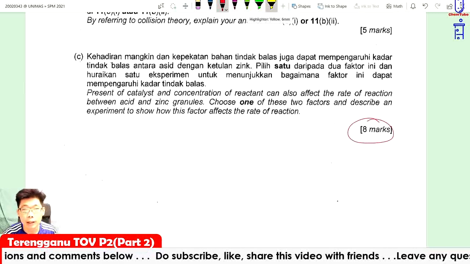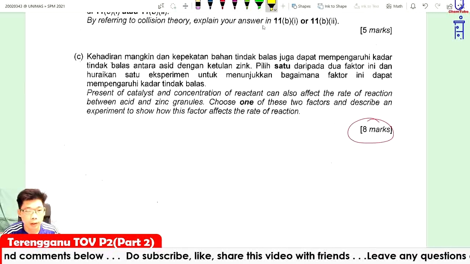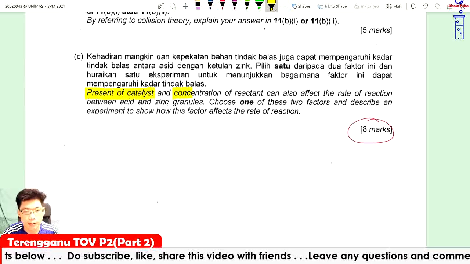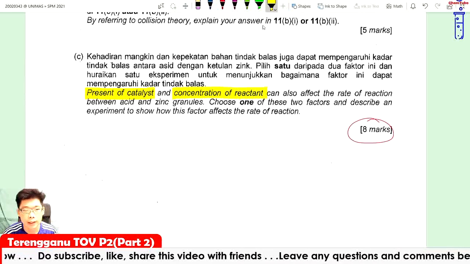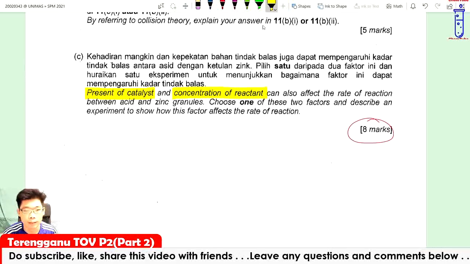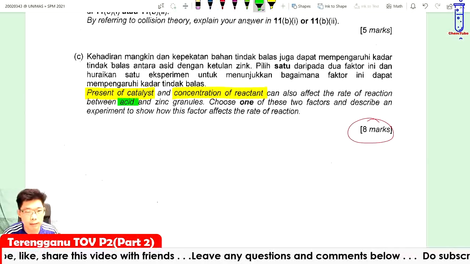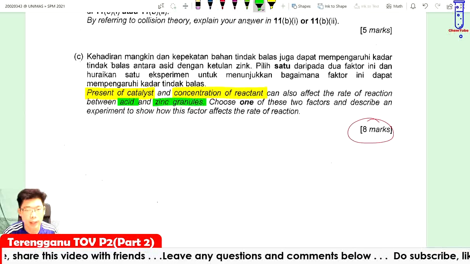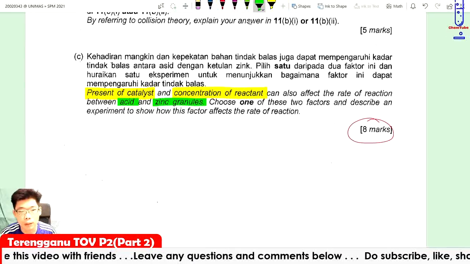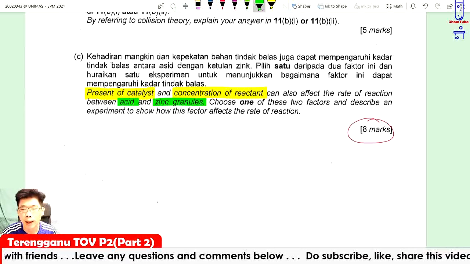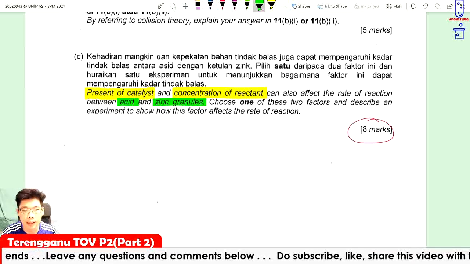Here you can choose the presence of catalysts or the concentration of reactants, any one of these factors. The reactants are acid and the zinc granules. You can use any one of these factors to explain your experiment here.